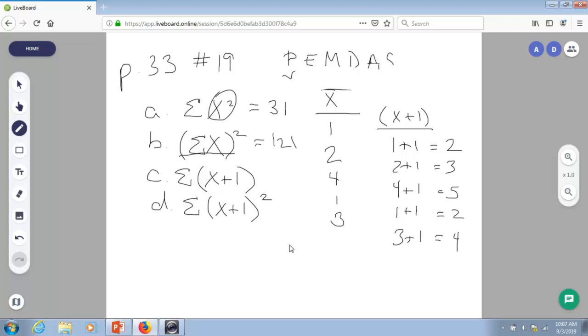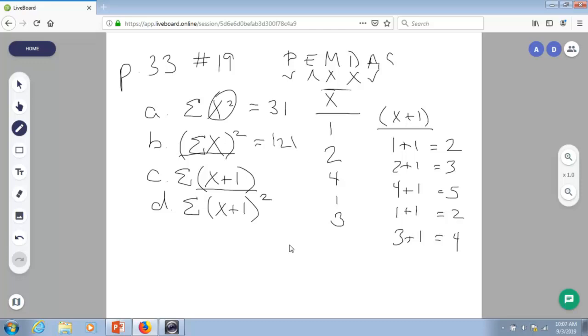So we have effectively taken care of what's in parentheses. Do we have any exponents that we need to address? The answer is no. Do we have any multiplication we need to address? The answer is no. Any division? No. What about addition? Yes.